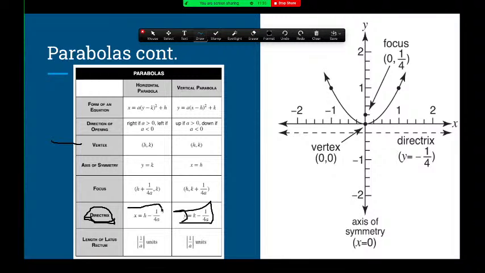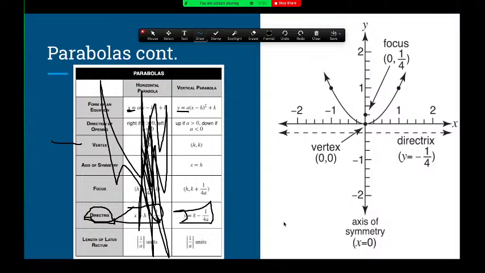This is also an equation for the directrix, but this is only if the equation has an x equals something. But in your case, you have a y equals something, so you don't have to worry about this. That's called a vertical parabola. So the directrix is this line right here, and you're trying to find the equation for this line. And how you do that is through this formula.